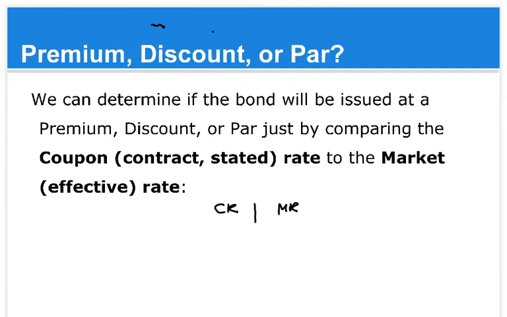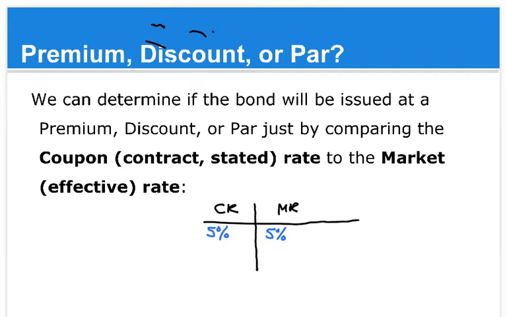And I'll do this with an example. So let's say the contract rate is 5%. If the contract rate is 5% and the market rate is 5%, an investor is no better off investing in the market than they would be in the bond.